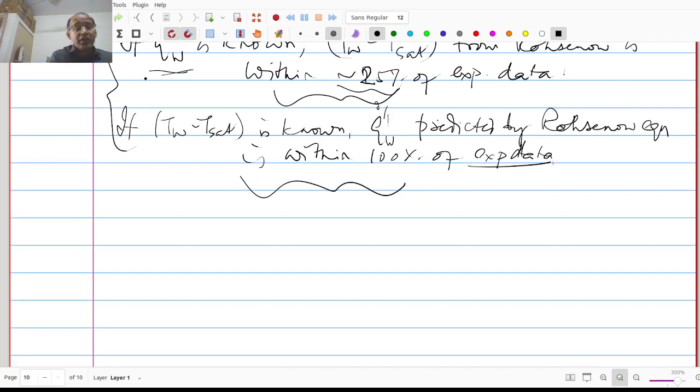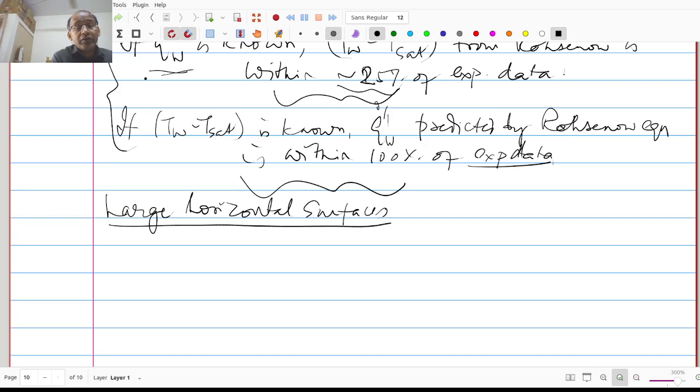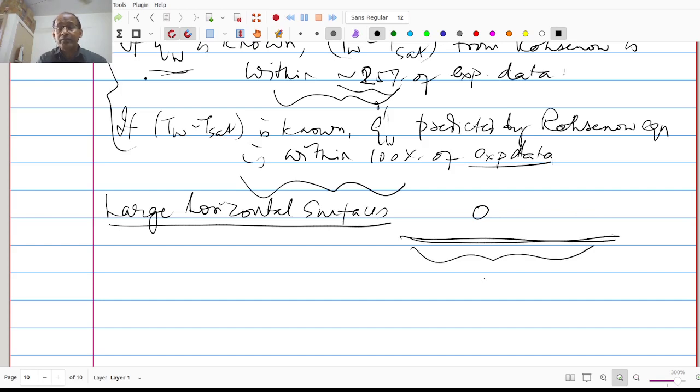For large horizontal surfaces, where we mean large, the bubble size, with diameter let's say D, versus the size of the horizontal surface, let's say L, is such that L is substantially greater than D. This is what we mean by large horizontal surfaces.